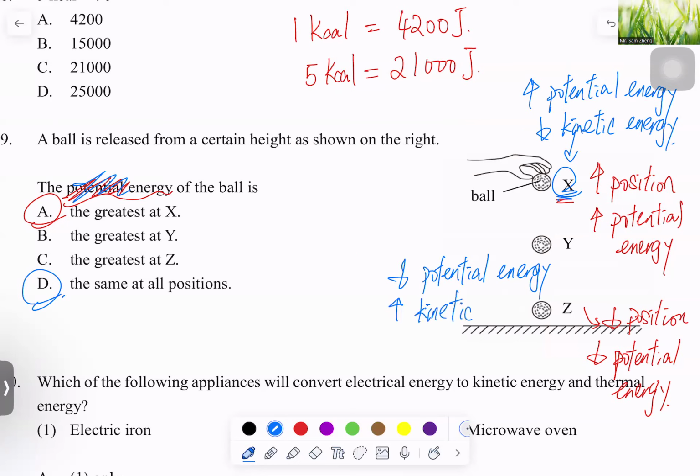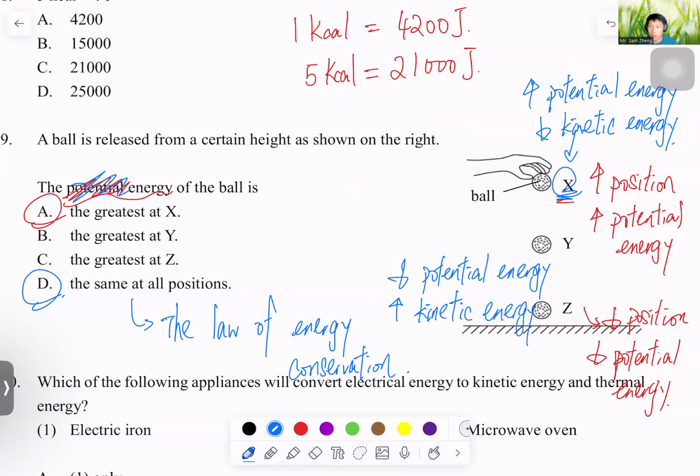So if you still remember the law of energy conservation, then you will notice that X, Y, and Z should possess the same amount of energy, as no energy is created or destroyed.